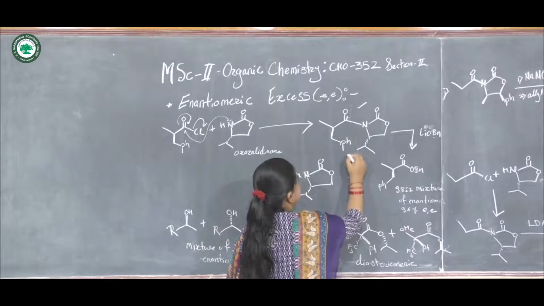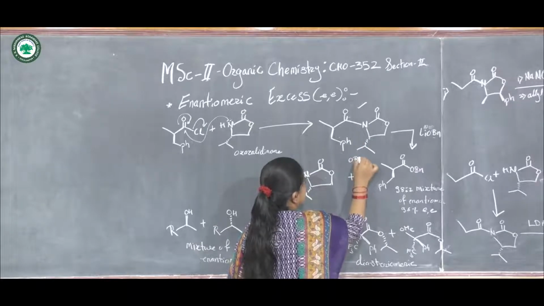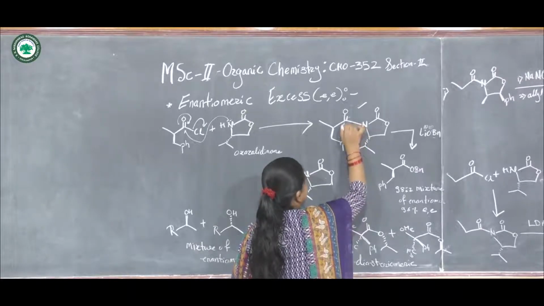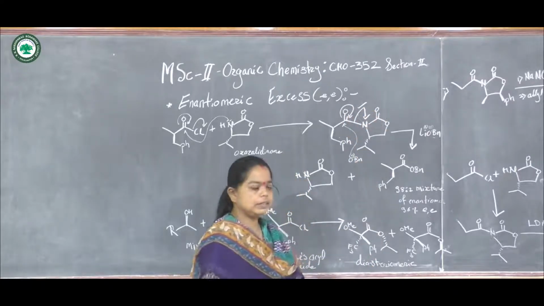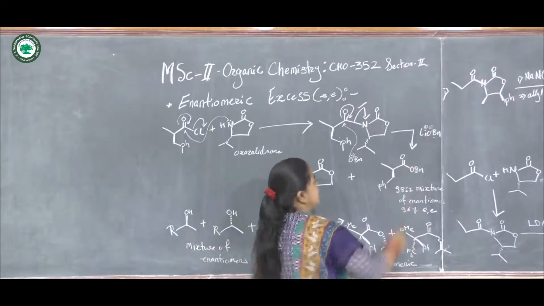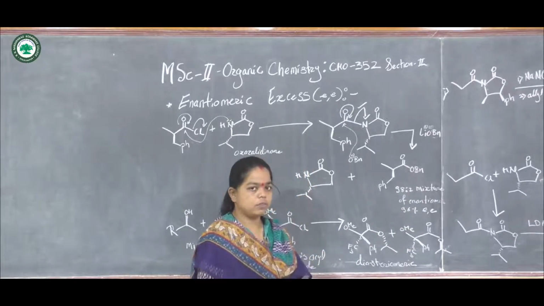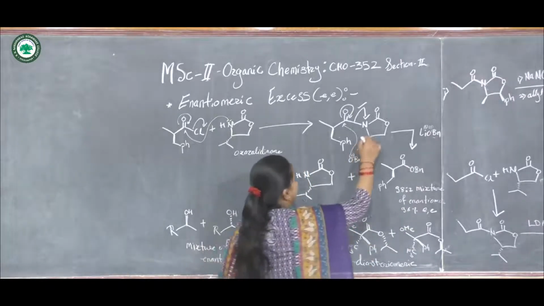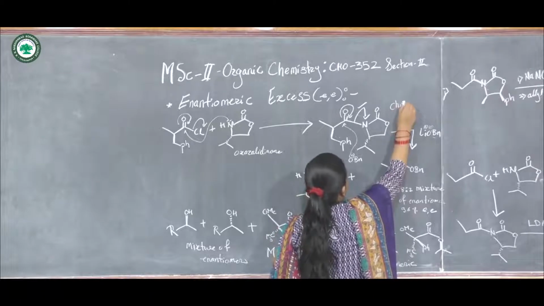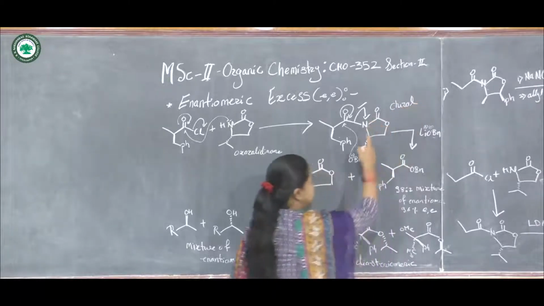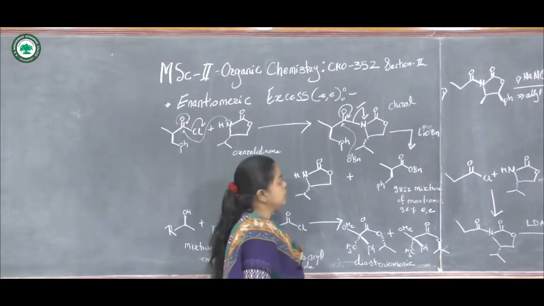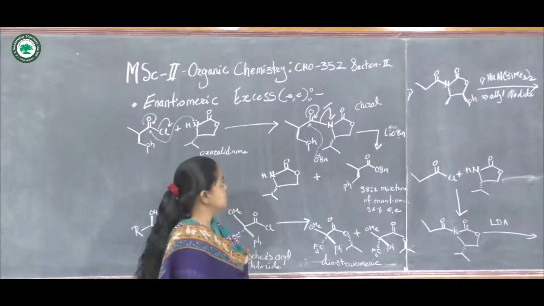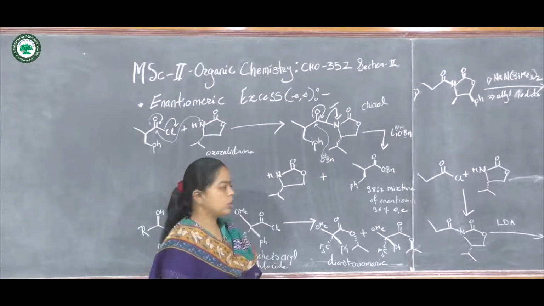So we can write here that this bond undergoes cleavage. So we are getting this type of ester molecule formed. Now this is the chiral compound, a highly pure single enantiomer, or the other enantiomer may be present, but it is present in a very small trace amount.